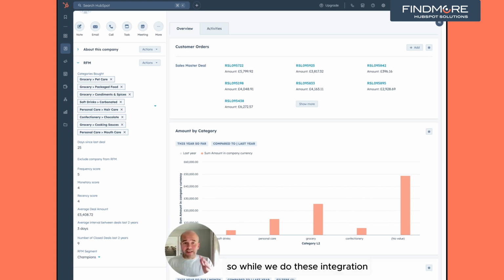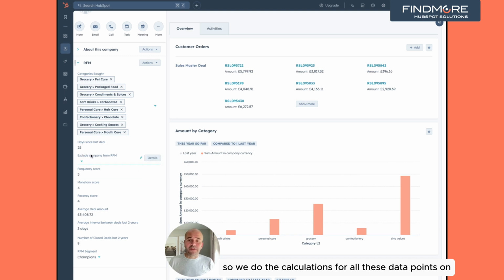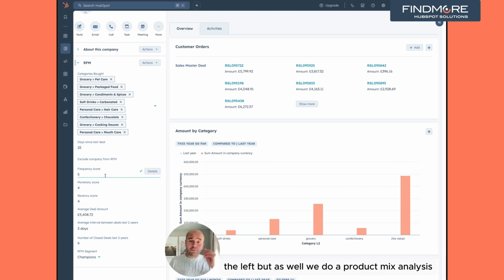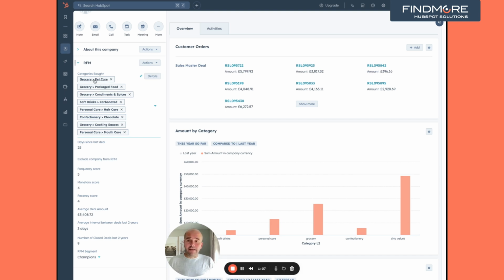So while we do this integration, not only are we placing the data inside HubSpot, we do the RFM calculations. We do the calculations for all these data points on the left, but as well, we do a product mix analysis. So you can see here the categories of products that were bought by a customer.